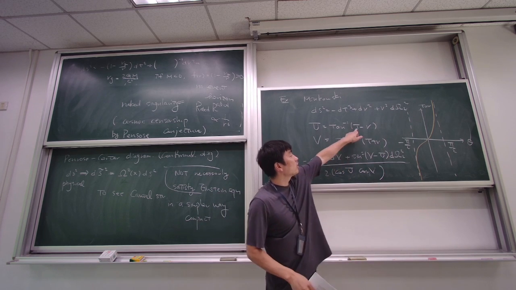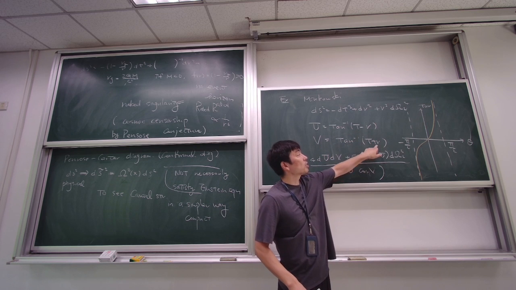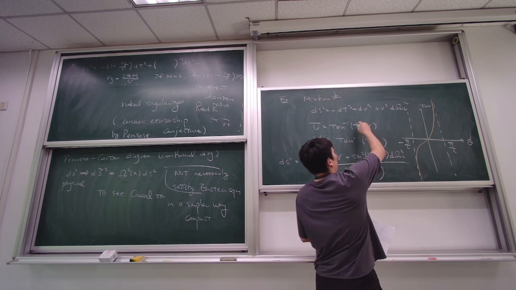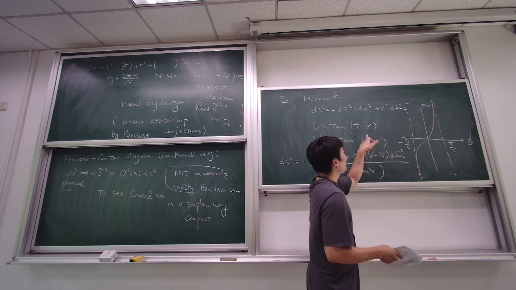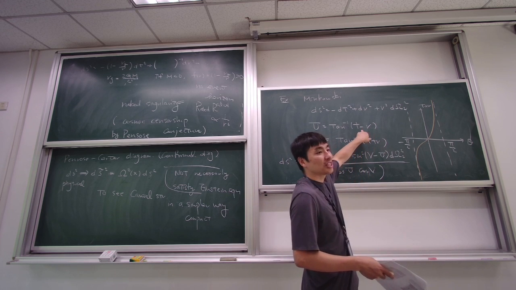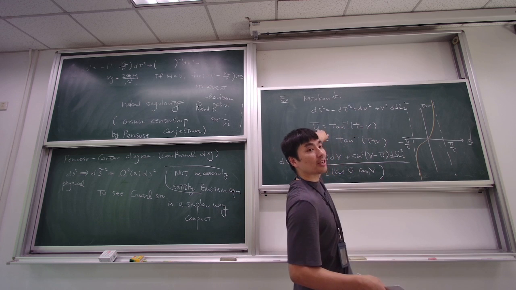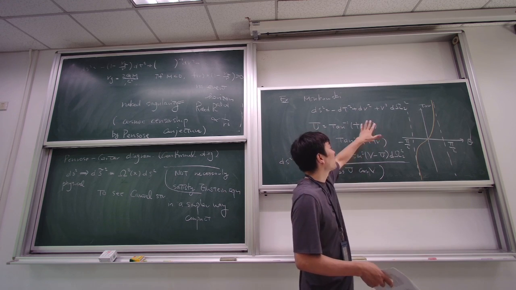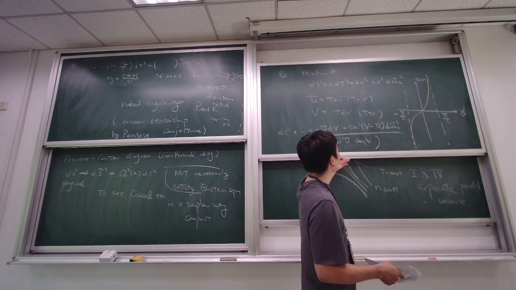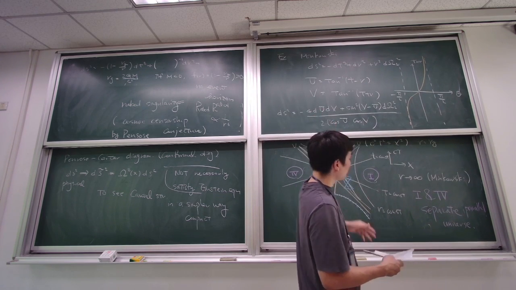The reason why I use the t minus r and t plus r variables is that I want to keep the causal structure. Well, t equal to r is the same as u equal to 0 or constant. So u and v want to be constant. That's why I use this ratio. So if you use this one, the metric becomes like this.